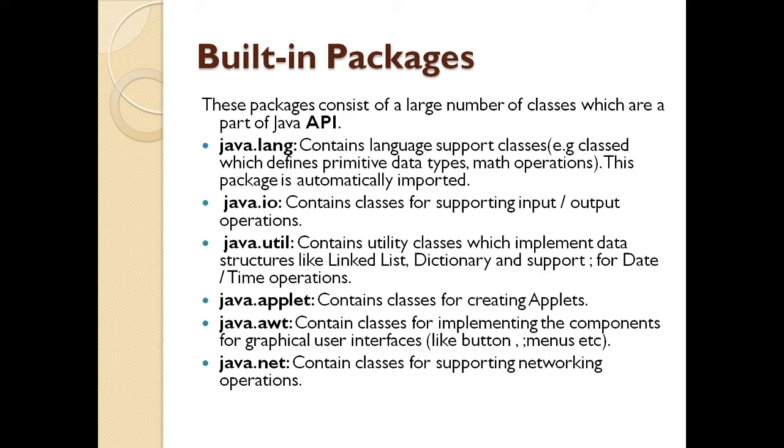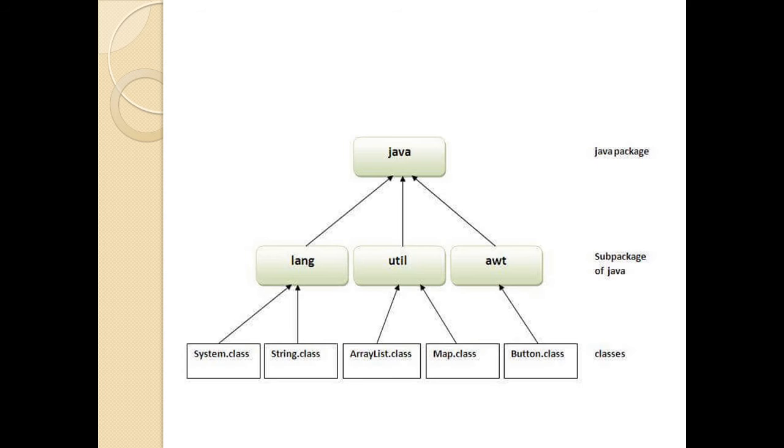Then java.awt, which has classes for implementing the components used for graphical user interfaces, for example button, menu bar, scroll bar, etc. Then you have java.net, which contains classes to support networking operations. We will be doing all these packages in the next sessions or when you do practicals in Java.